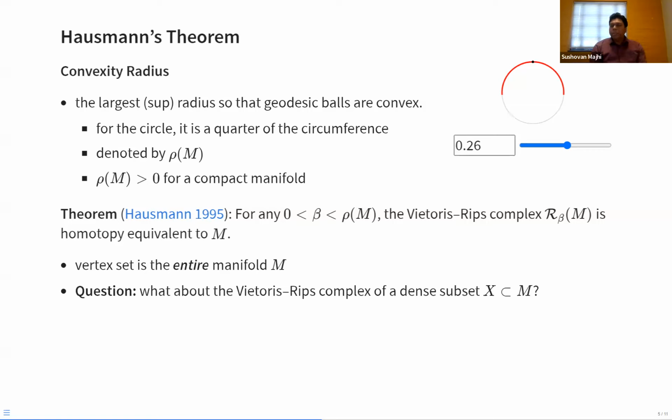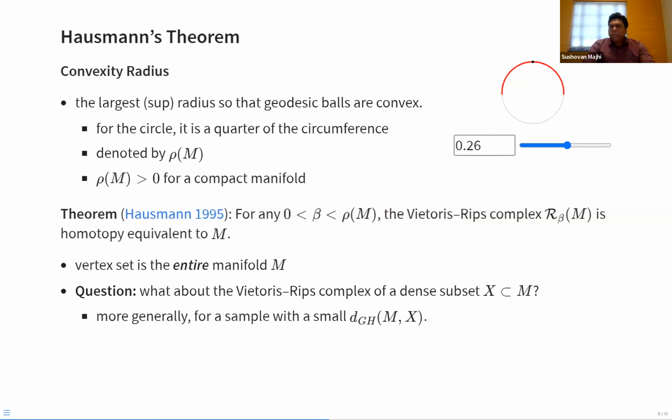This is an intriguing question. And this question was taken up later by Latschev to show that this is what would actually happen as long as you have control over all the parameters that you have, beta, contextual radius, and so on. Also, how dense the subset should be in M. But we can also generalize Hausmann's question to say this.